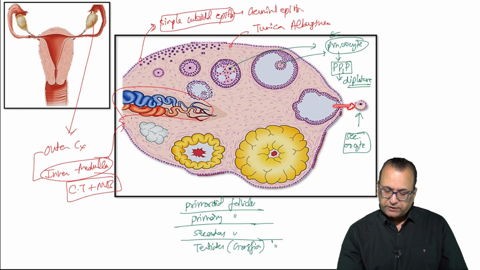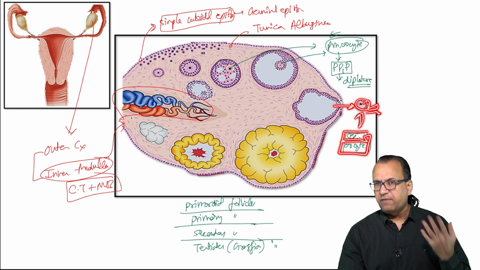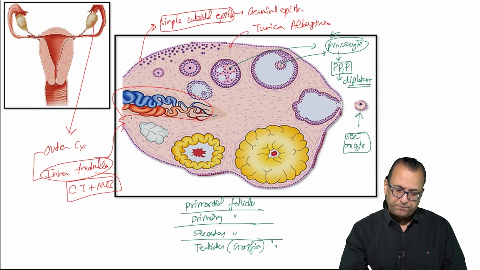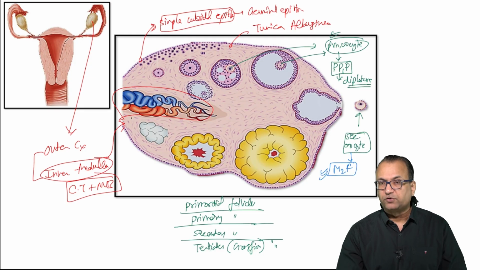The primary oocyte becomes secondary oocyte just before ovulation, and this secondary oocyte is entering meiosis 2, arrested in metaphase 2 until fertilization. All of these are MCQs again. So this secondary oocyte, you remember M2F, it is arrested in metaphase 2 of meiosis 2 until fertilization.